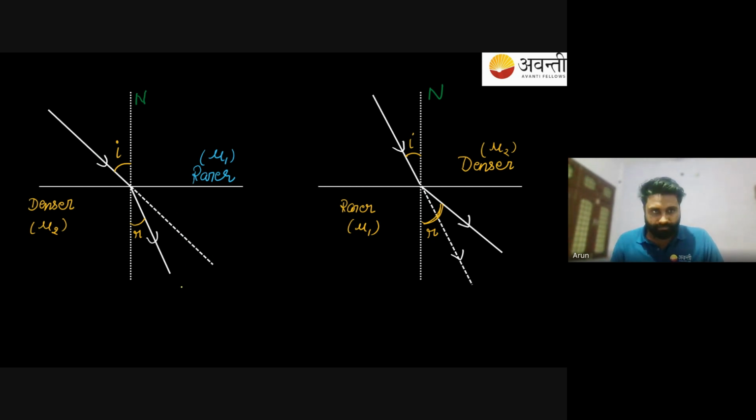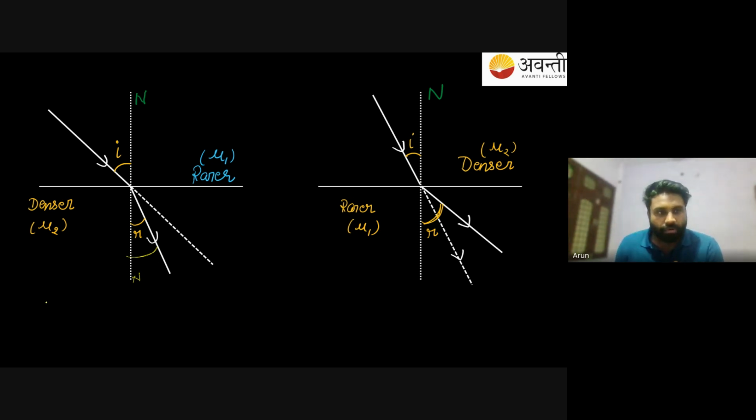So if this ray is coming from the rarer medium and going to the denser medium, then this ray bends towards the normal of the interface. Normal की तरफ bend होगी. But when this ray goes from denser to rarer medium, it moves away from the normal.